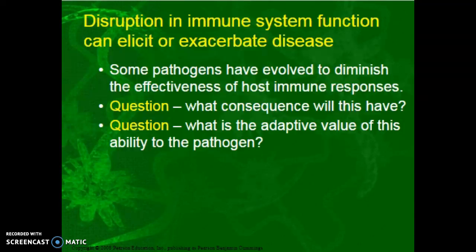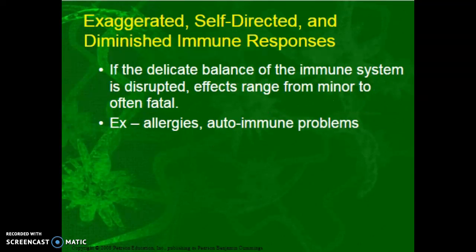Most people with HIV die from some relatively minor disorder, some sort of infection that someone who didn't have HIV would be able to fight off. The adaptive value of this ability of the pathogen is it doesn't kill the host, but it weakens their immune system and allows it to divide, to multiply, to make copies of itself and spread around using the host's metabolism and the host's resources, basically.